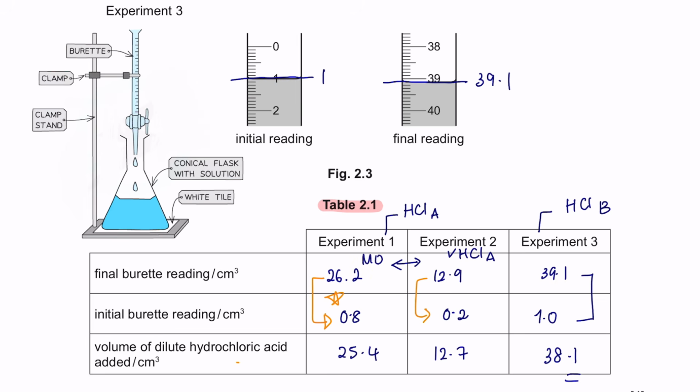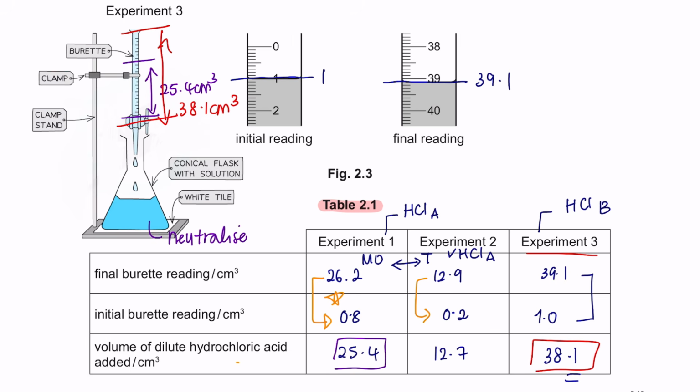This was methyl orange, and in 2 it was thymolphthalein. In the first experiment, 25.4 cm cube was required to neutralize the base. However, in experiment 3, 38.1 cm cube of acid was required to neutralize the base. So we can conclude that hydrochloric acid A is more concentrated because only a smaller volume was required to neutralize the base.